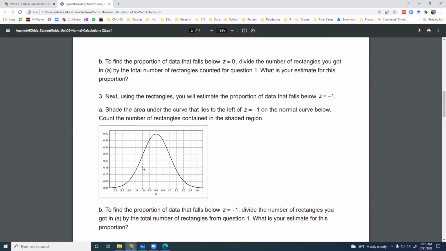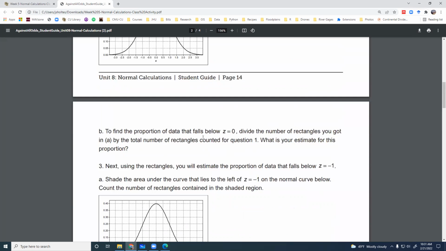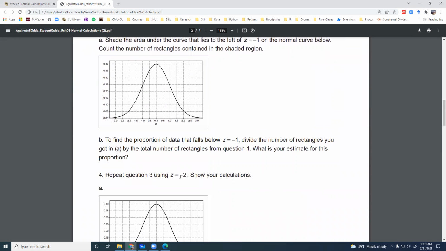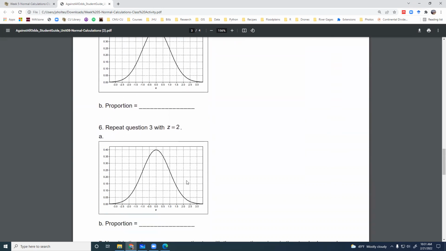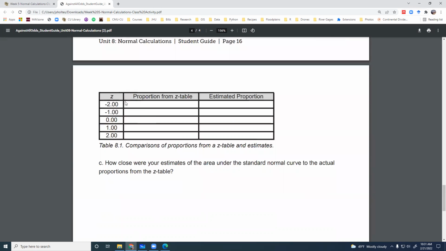So we're going to do 0, -1, -2, and then everything's symmetrical, so you can just repeat what that is. Up to 1 is 84%, right? But then what you can do to prove it to yourself is find the area between 1 and -1, and that should be what follows the empirical rule.